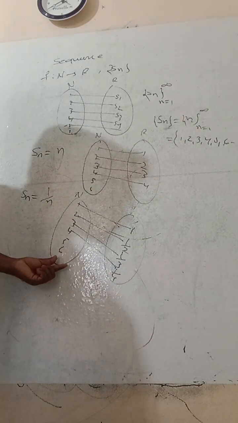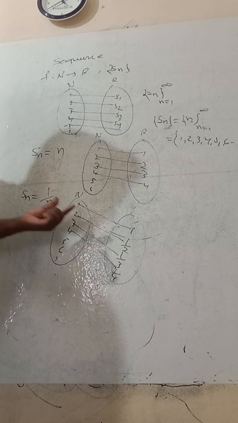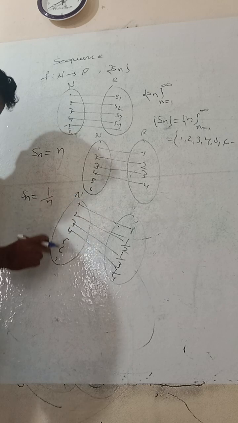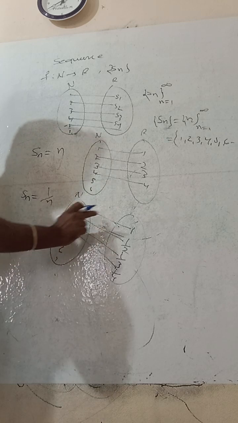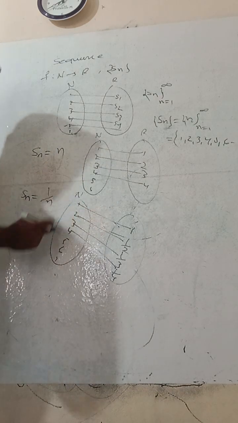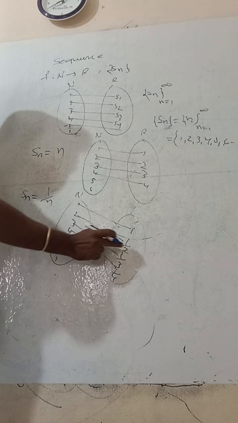Now you tell me, guys, it is a relation. A relation is called a function when every element of the domain is associated with a unique element of the codomain. That means every element of N has an image, or not.